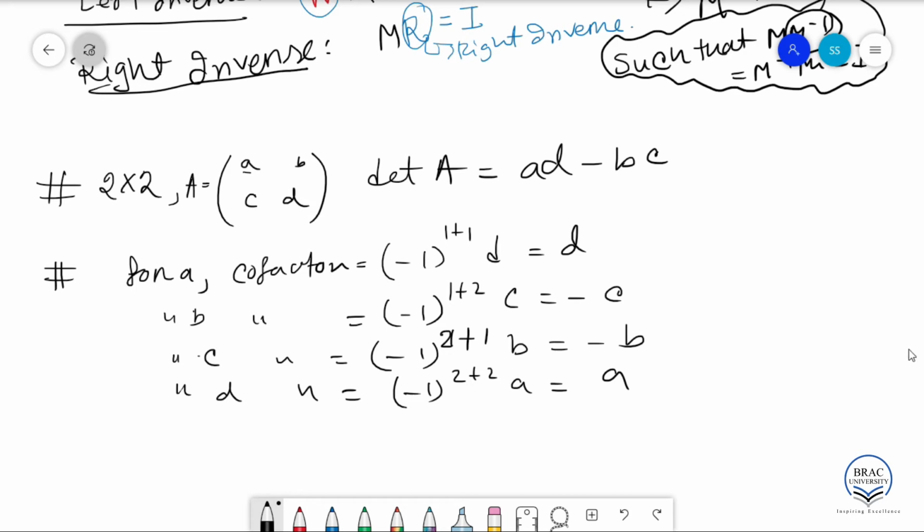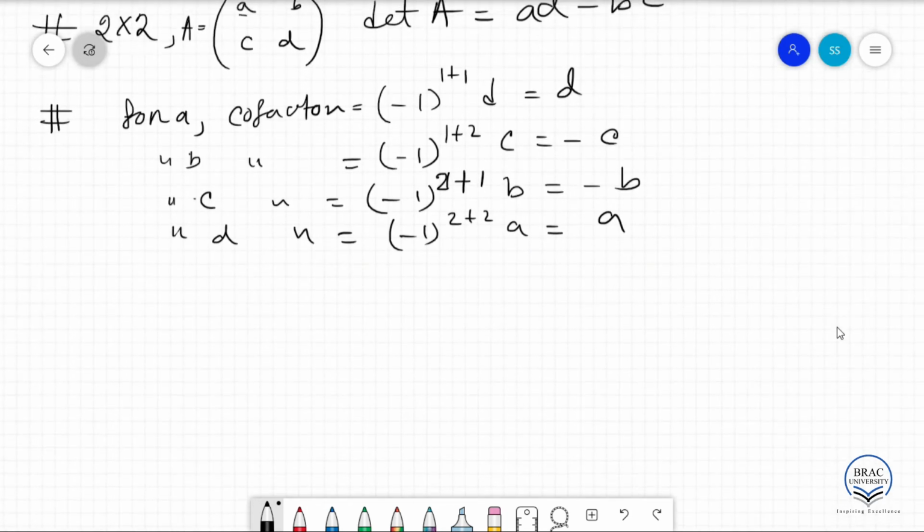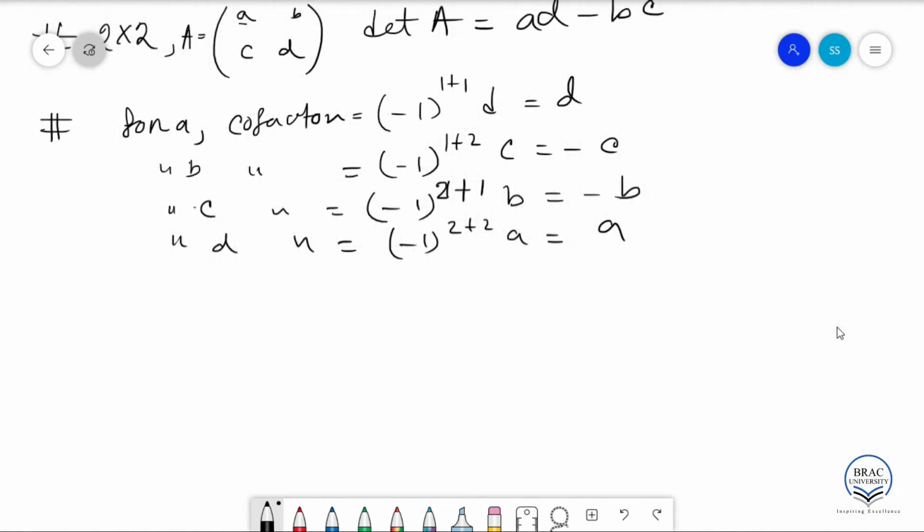The next step is to build a matrix out of these cofactors. So how do we build a matrix out of these cofactors?